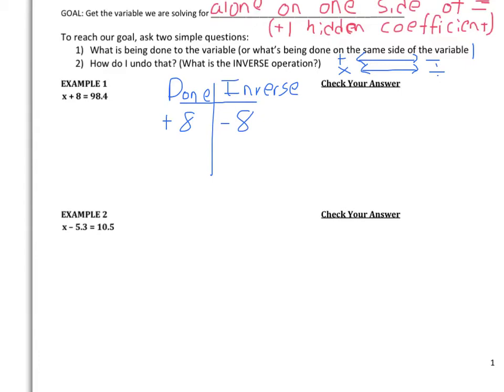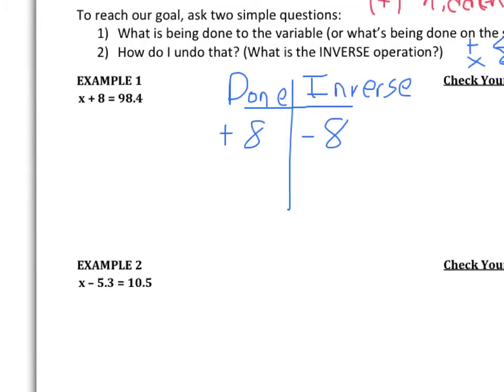All right, one of the key concepts behind equations is this. What we need to know is, what value can we add to 8 to get us 98.4? Think about a teeter-totter right now, or a balance scale in science. We want the left side to be the exact same as the right side.